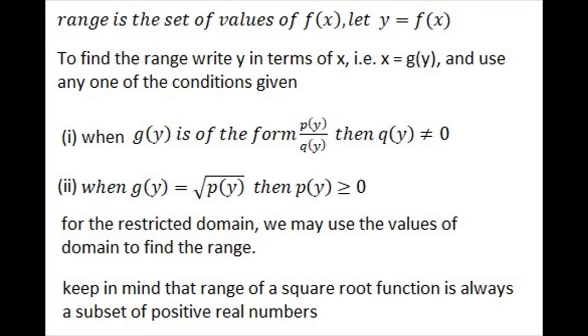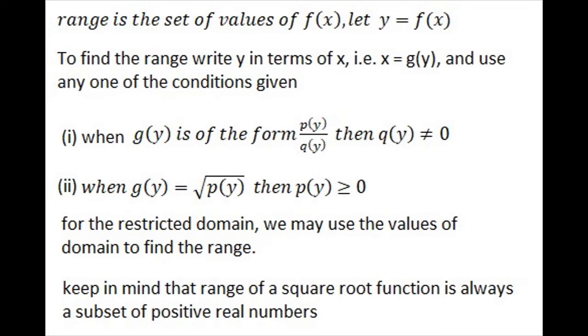Then use the conditions like the denominator not equal to 0 and whatever is inside the square root being greater than or equal to 0. Using those conditions you can find the range, but keep in mind that for a restricted domain, according to the values of x, the y varies. So that affects the range. These two conditions won't apply there.